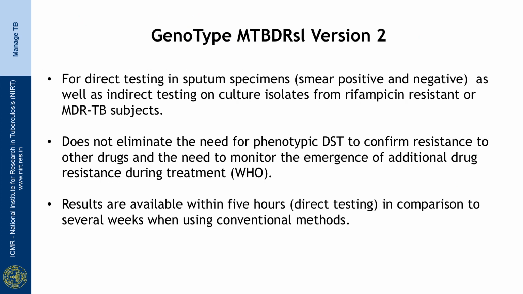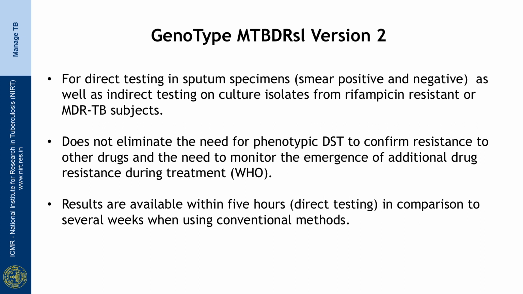With regard to the use of the second line LPA kit, it can be used for direct testing from the sputum specimens, which could be either smear positive as well as smear negative, and it can also be used for indirect testing on cultures that are isolated from rifampicin resistant or multidrug resistant TB patients.